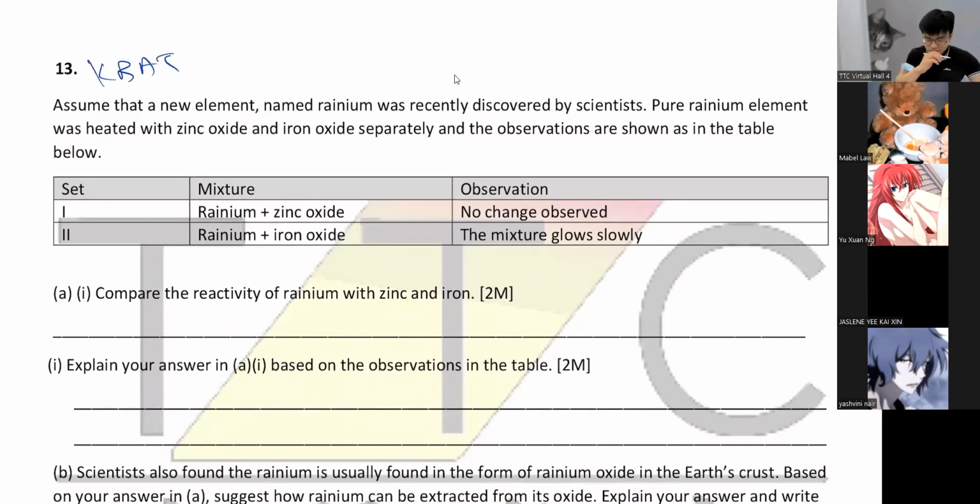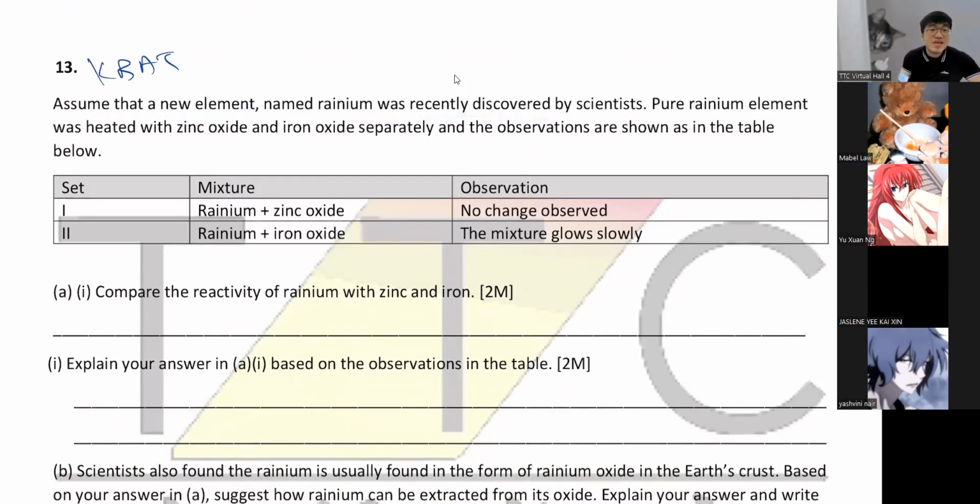All right, so assume that a new element named rhenium was recently discovered. Imagine now they found a new element. Okay, let's not call it rhenium. Let's call it vibranium. Ooh, sounds cooler, isn't it? Okay, or unobtainium. You go watch Avatar.